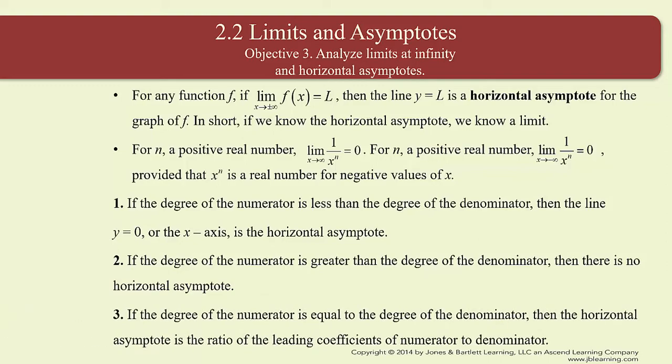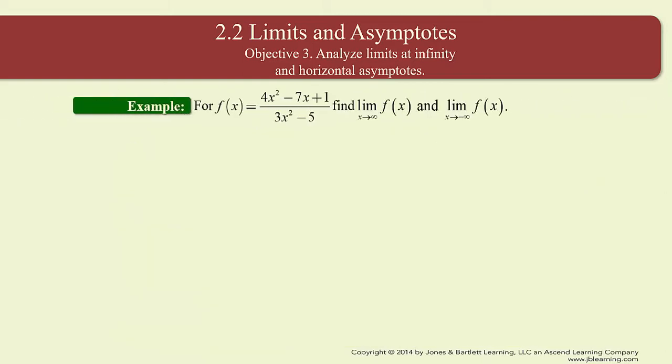And then the third thing is if the degree of the numerator is equal to the degree of the denominator, then the horizontal asymptote is the ratio of the leading coefficients of numerator to denominator. So that you probably remember from college algebra. So let's see how we can handle this information with an example. So there's a function, f of x equals 4x squared minus 7x plus 1 over 3x squared minus 5.